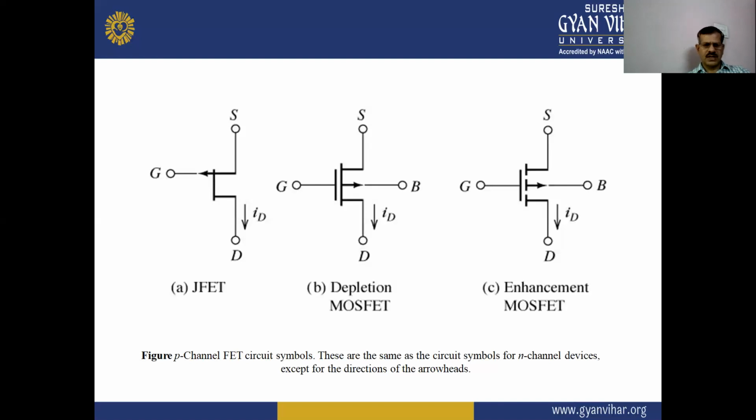In these figures, the P-channel FET circuit symbols are the same as the circuit symbol for the N-channel device, except for the direction of the arrowheads. First symbol is for the JFET, second symbol for the depletion MOSFET, and third symbol for the enhancement MOSFET.